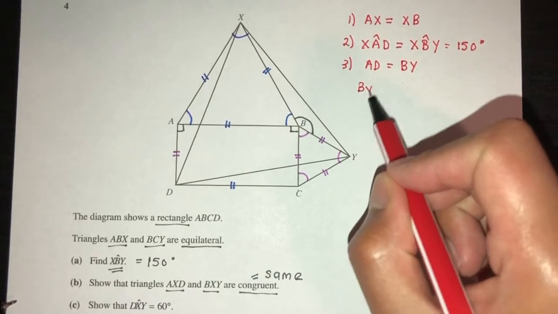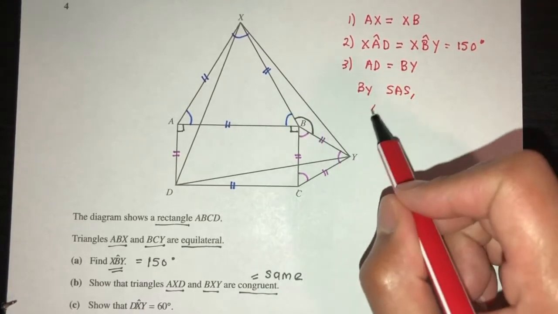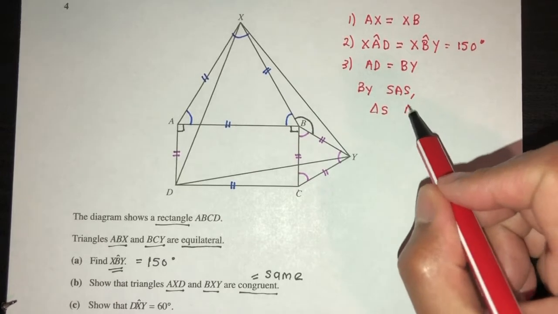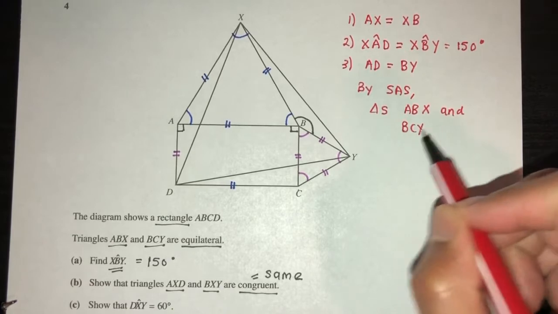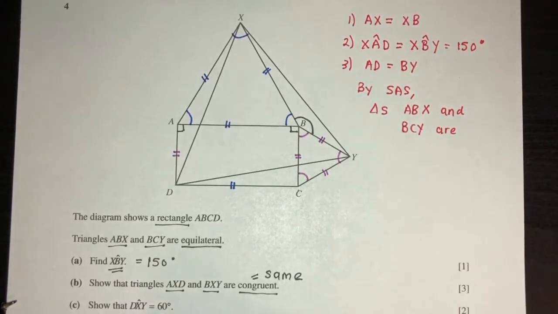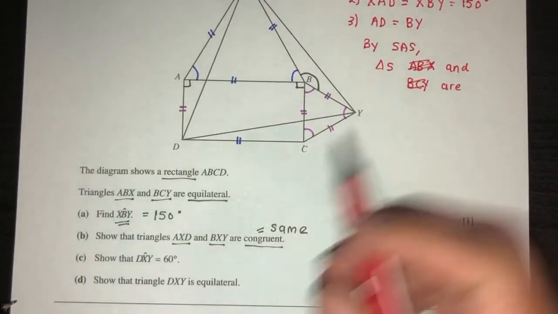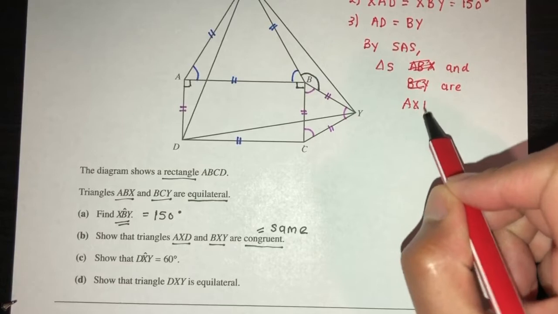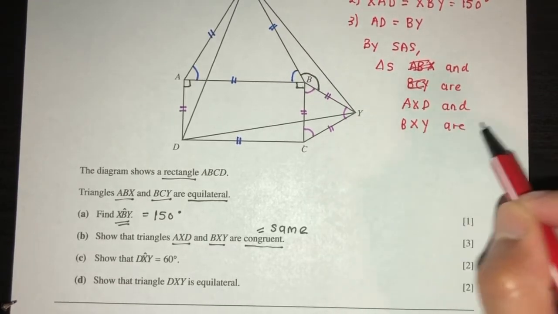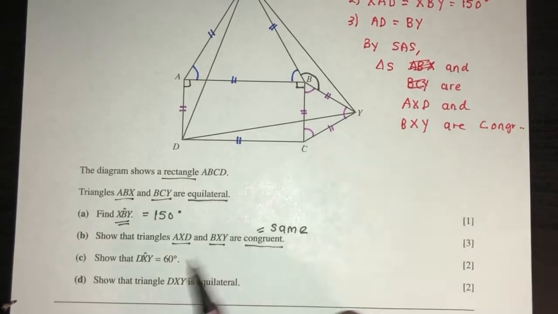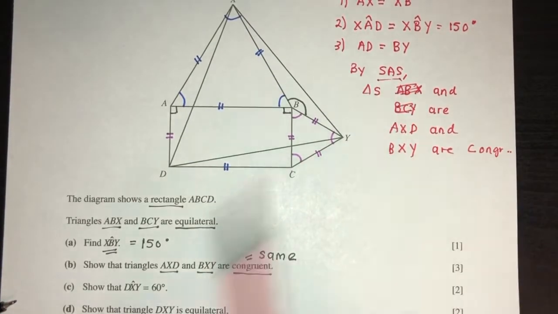So by side, angle, side, we have shown that triangles AXD and BXY are congruent. So by proving these 3 points, they are congruent by SAS.